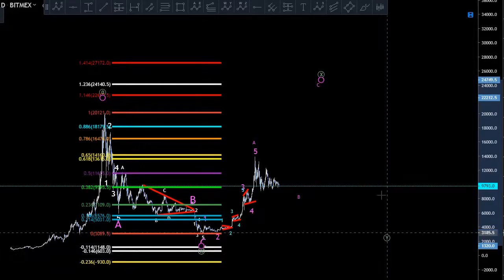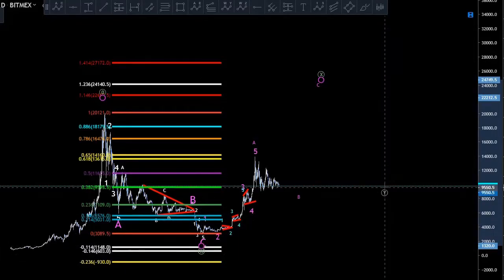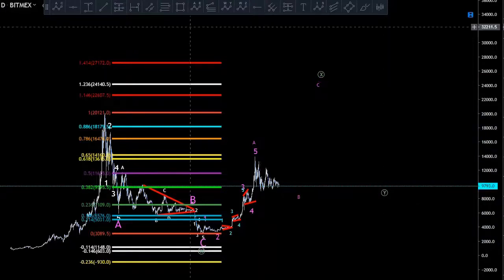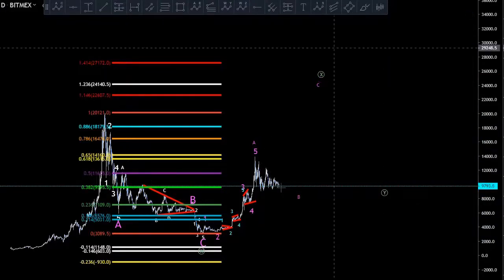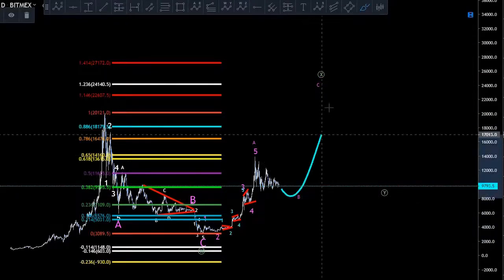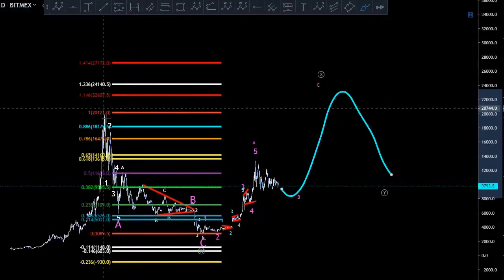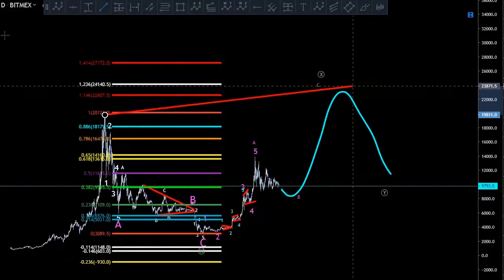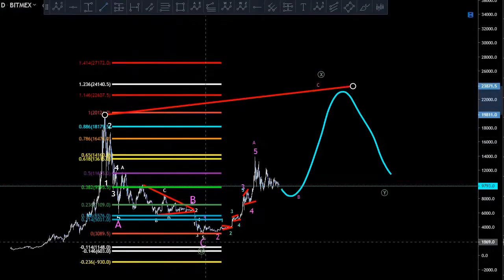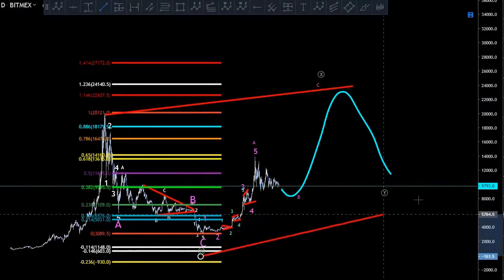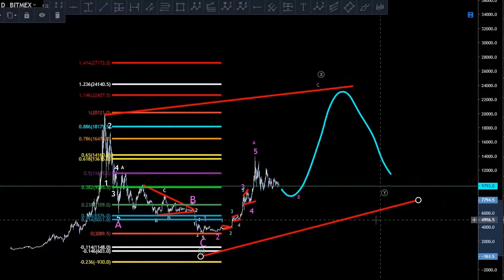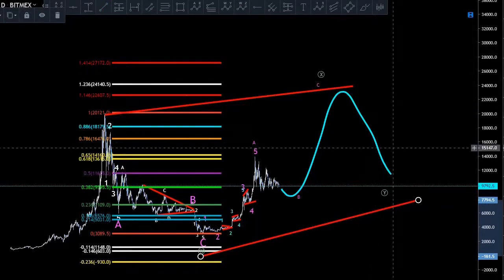And then we dump very hard back to 7-8K. And this is what we call a running flat. As one of my friends that I know in this space likes to call this, the running flat of the century.